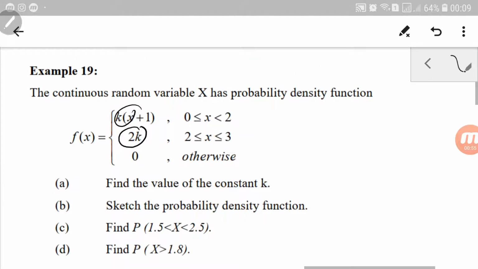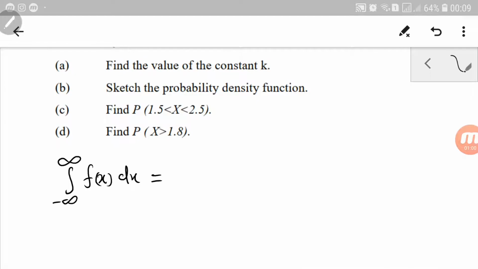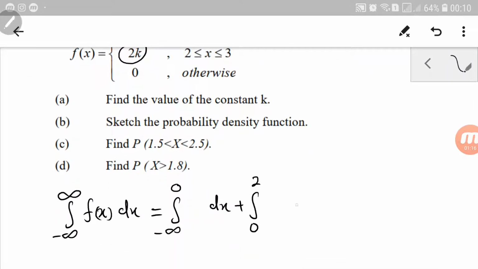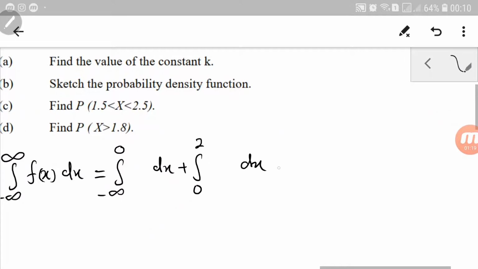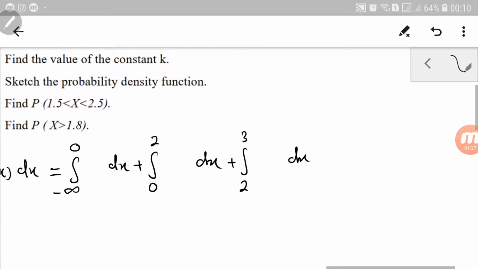But since it's a piecewise with a different set of intervals, we have to split the integration. So the integration starts from minus infinity until 0, so there's one function, and then 0 until 2 in terms of x, plus something from 2 until 3 in terms of x, and last but not least 3 until infinity for dx.